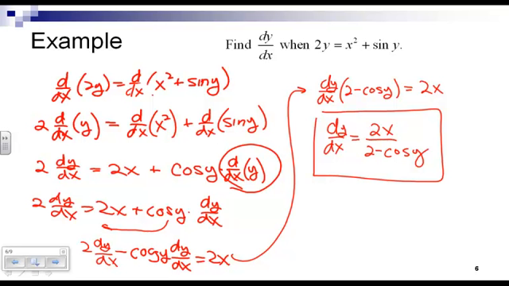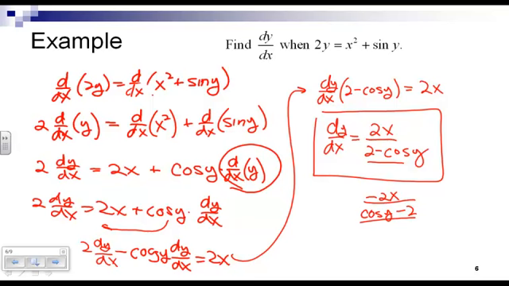You may indeed end up with negative 2x and with cosine y minus 2 as your answer. These are completely equivalent. Well, if I factor a negative sign out of the bottom, I get that, and then the 2 negative signs would cancel. They are equivalent answers. All right?